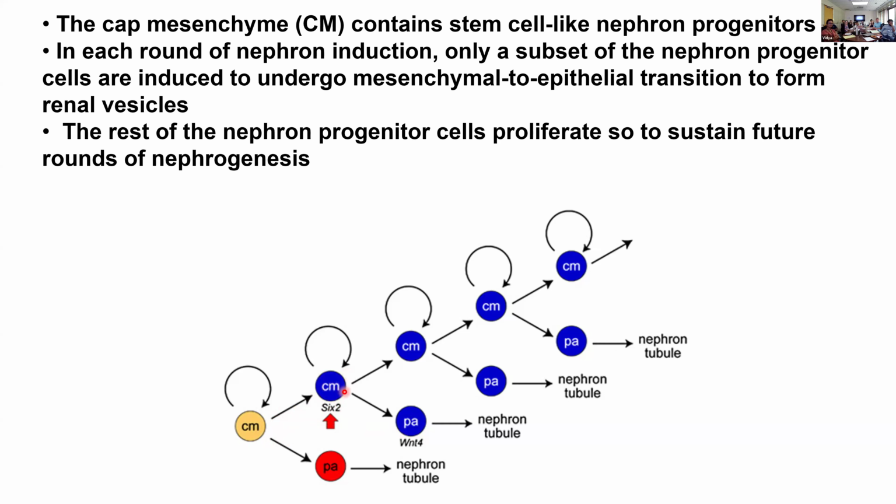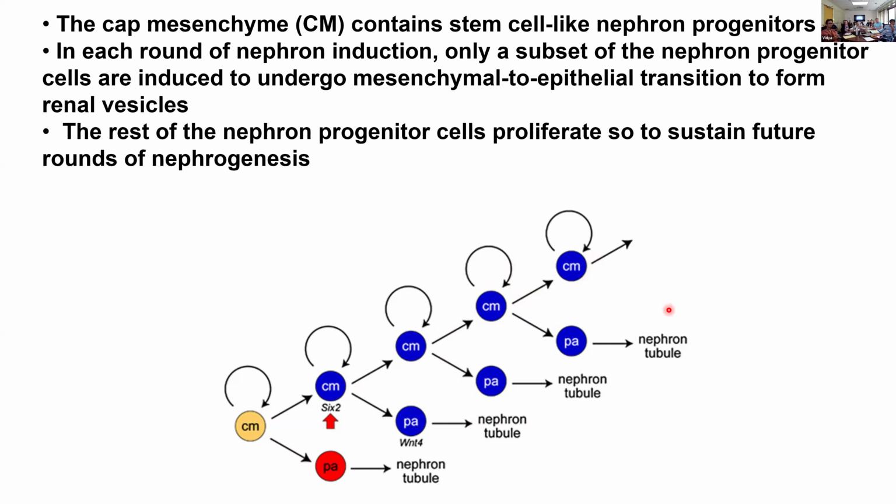They self-renew, and they also go along with the branching morphogenesis. So they will always be at the most surface part of the kidneys. That's what we call the nephrogenic zone. With each round of branching morphogenesis, a subset of them are destined to differentiate, and the rest of them will just undergo self-renewal to generate more cap mesenchyme.